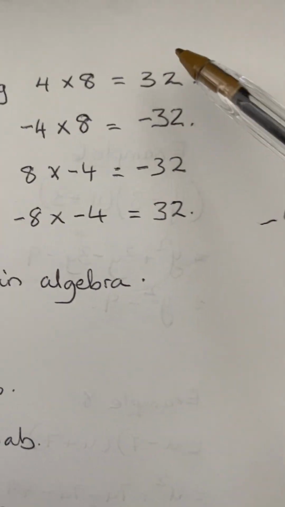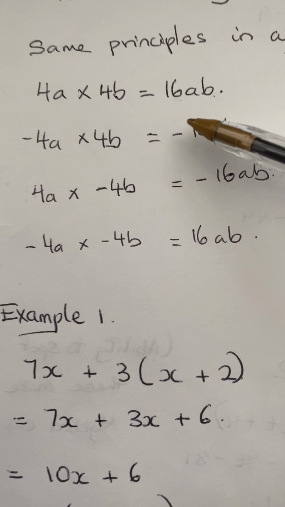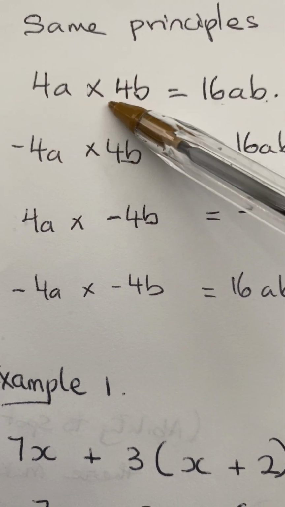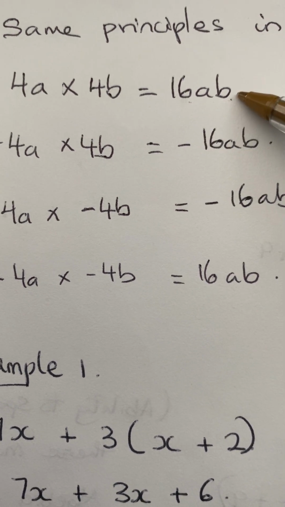The examples I gave here are only whole numbers, but here I've added some variables. So 4a times 4b will be 16ab.